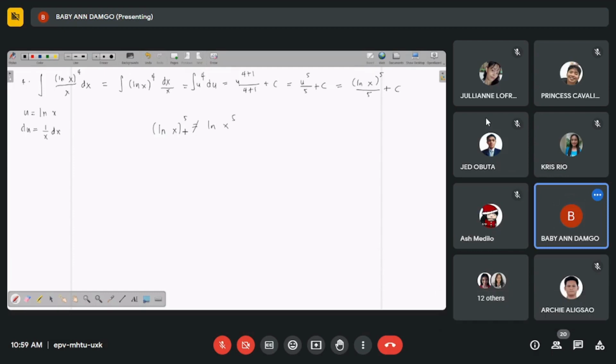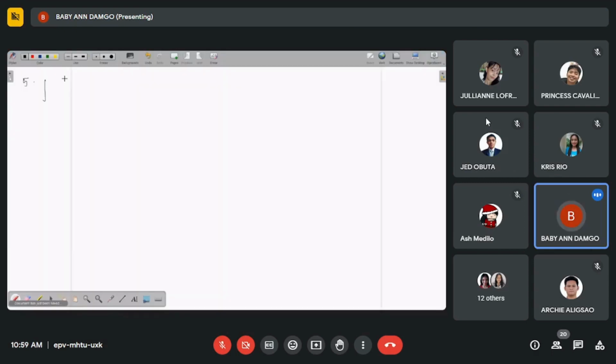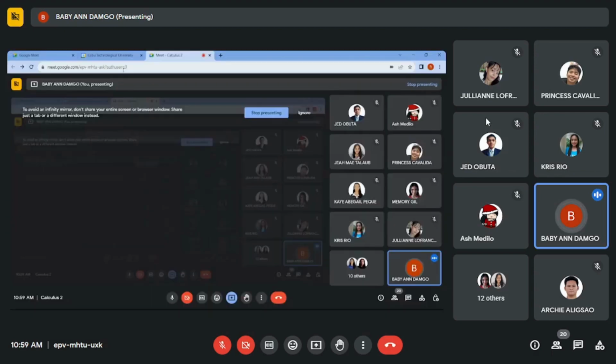another practice. We have here the integration of x plus 3 all over 3 minus x to the power of 2 over 3 dx. Okay. I would like you, class, to open your camera because it seems we are very quiet. We have no interaction.